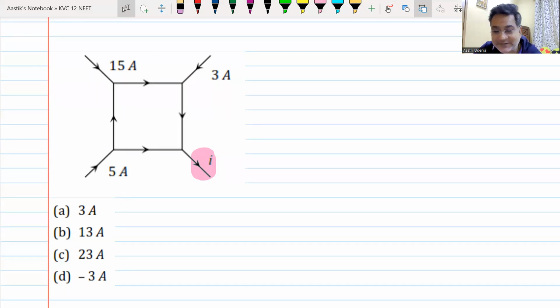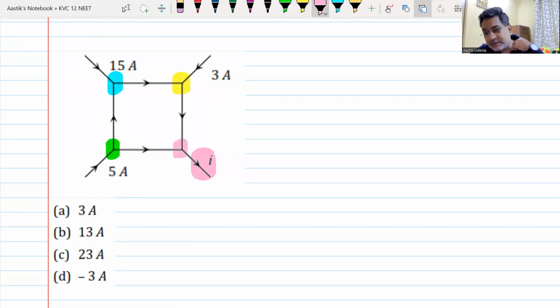But these input currents are at different points. This 5 ampere is the input current at this point. This 15 ampere is the input current at this point. This 3 ampere current is the input at this point, and this I is the output from this point.